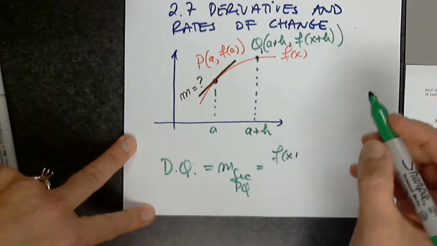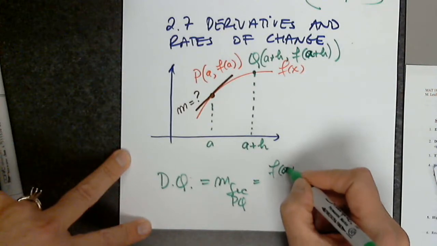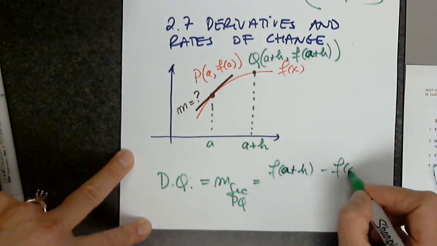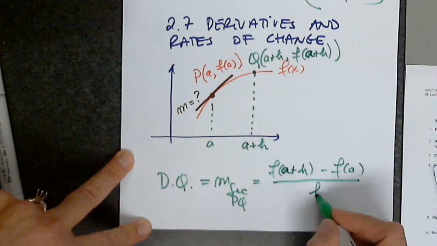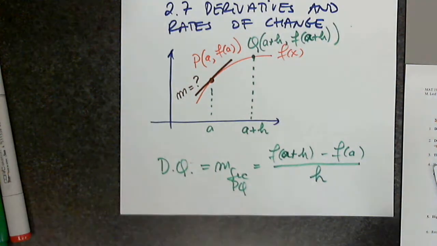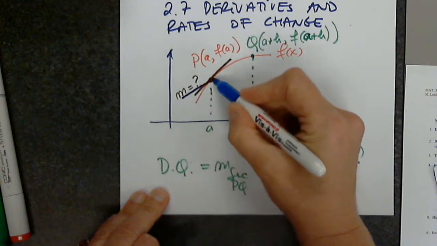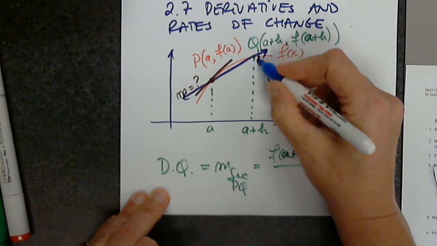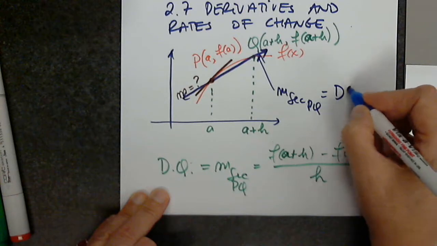F of A plus H minus f of A, divided by A plus H minus A, which will definitely be H, as we know. But this is the slope of this line. So this is the slope of the secant line PQ and also the difference quotient.